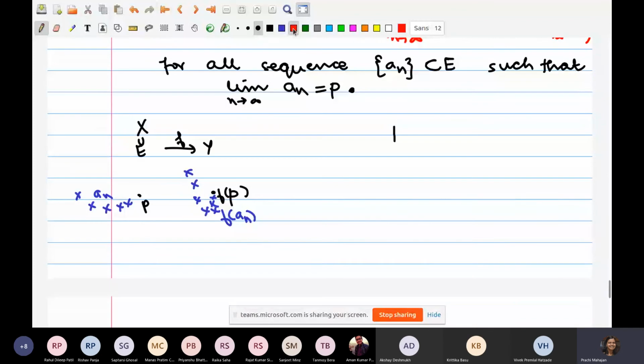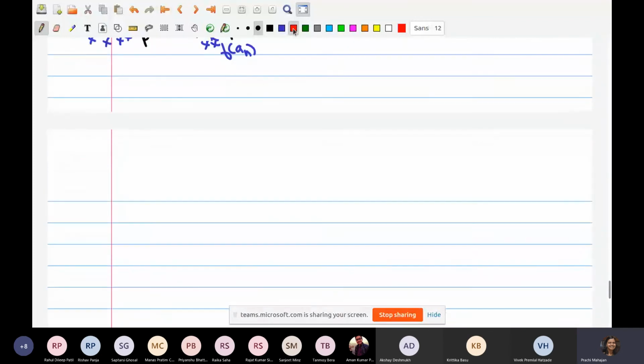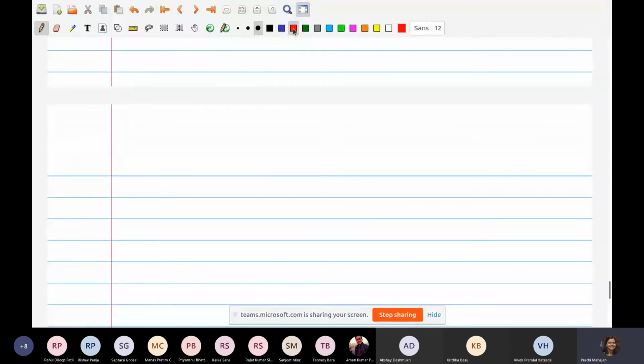Let's consider a concrete function and let's apply this theorem. Let's start with a very simple example on the real line with the Euclidean metric. So E is the entire real line in this example, and X is also the real line with the Euclidean metric, and so is the set Y. And let's consider the function as follows.